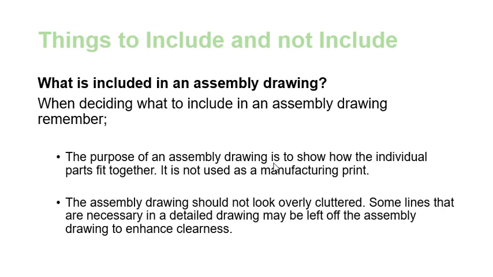The most important thing is to know that an assembly drawing is not a detailed drawing, so you can leave out all of the details, like dimensions. All kinds of values need to be left out. Some lines that are necessary in a detailed drawing, you can leave out in an assembly drawing to make the drawing look clear.